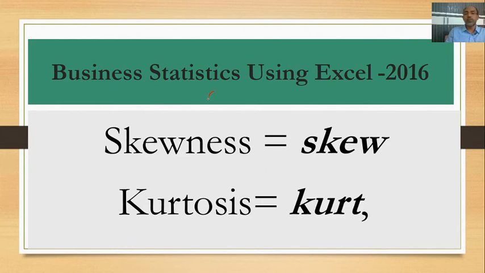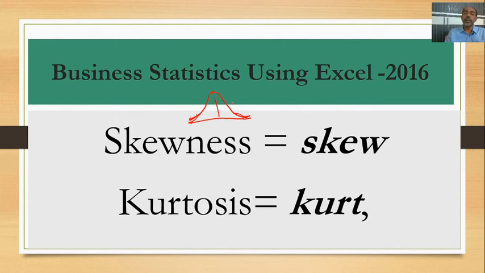If the data is perfectly and systematically flowing on both sides, it is called normal distribution.